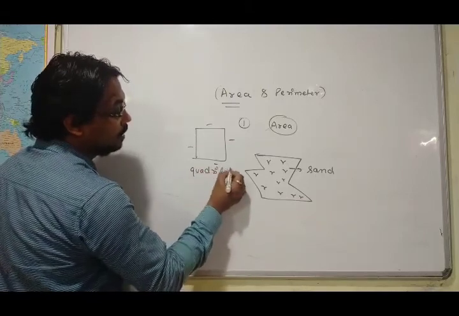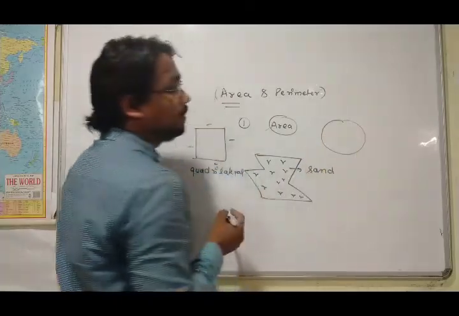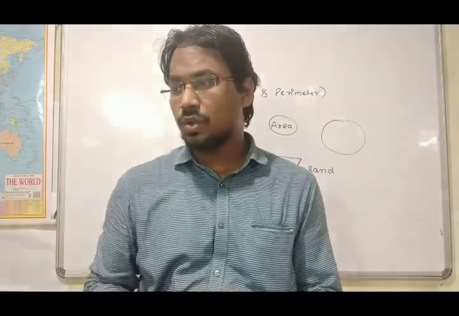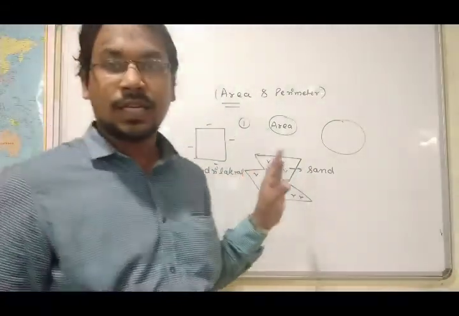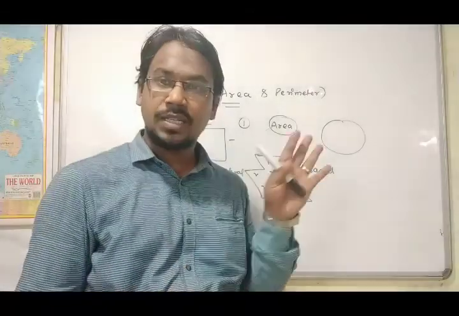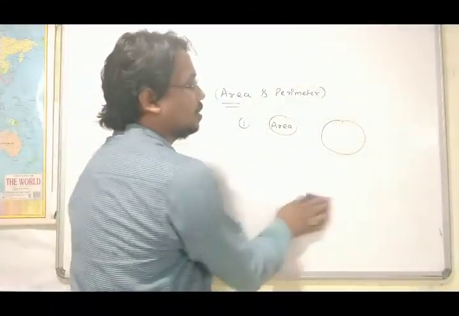If you make this kind of diagram, this is called a circle. You have read this in your earlier class also. So when it is a circle and this is a quadrilateral, we have to start with our circle topic. So I will start to tell you about the area of a circle.